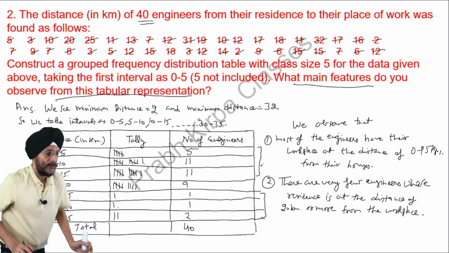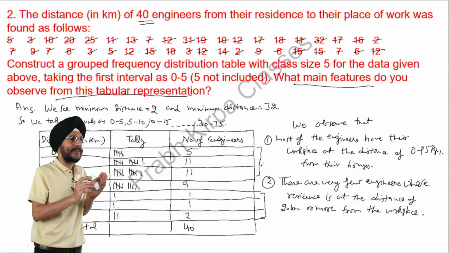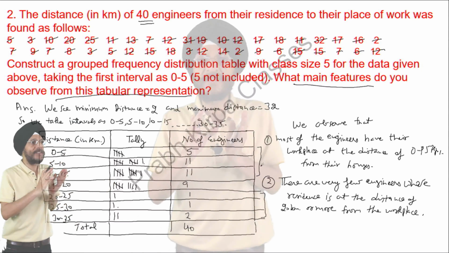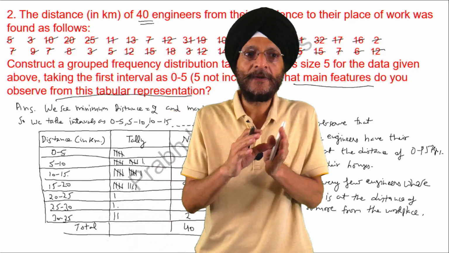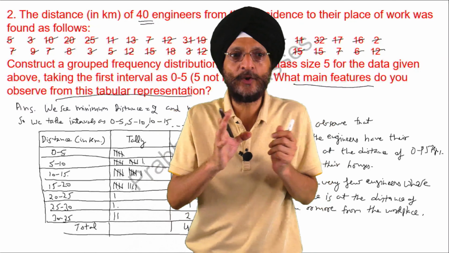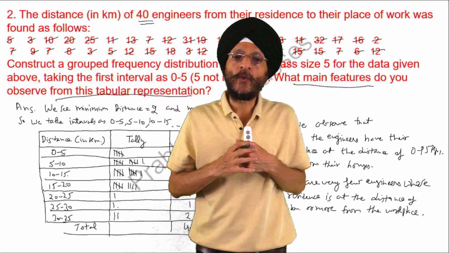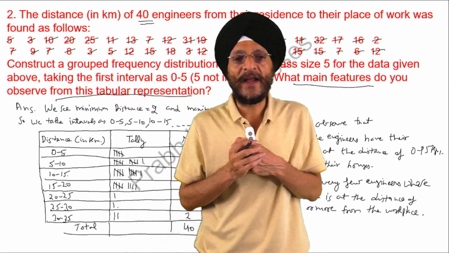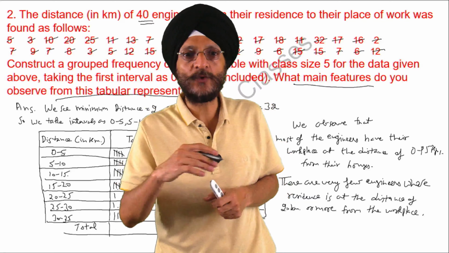That is, we have observed two things: maximum engineers have to travel only 0 to 15 kilometers, and only a few engineers have to travel 20 kilometers or more.